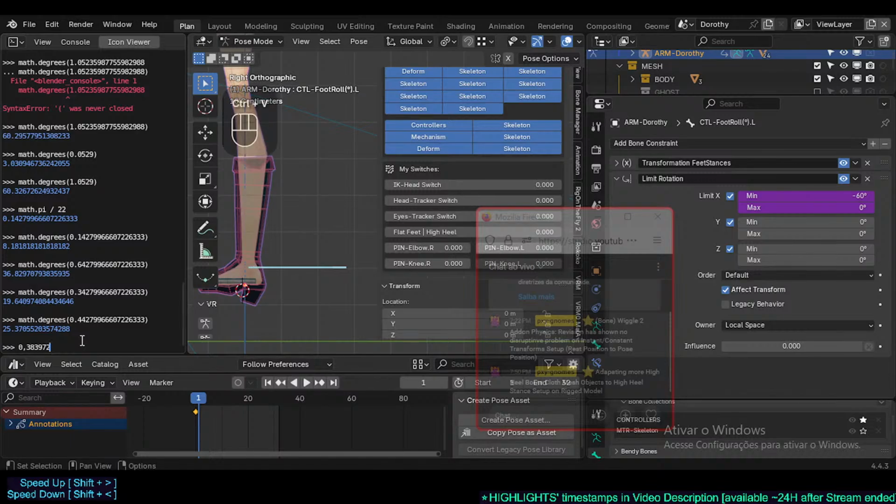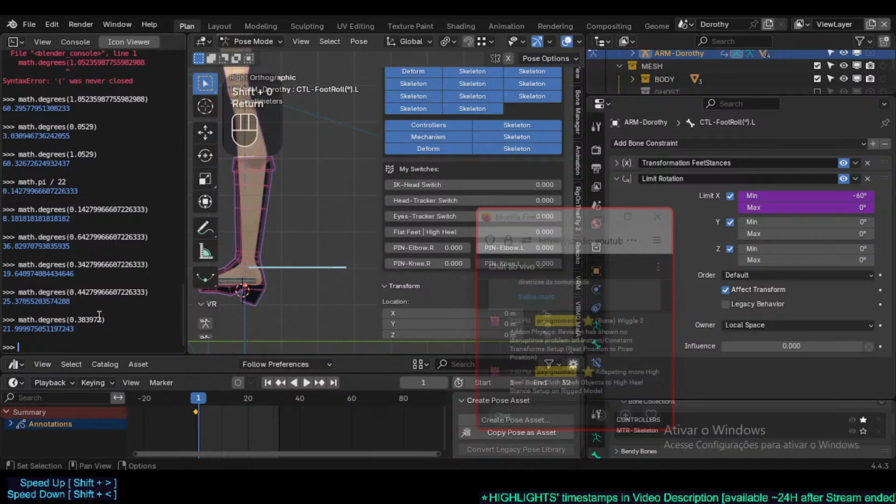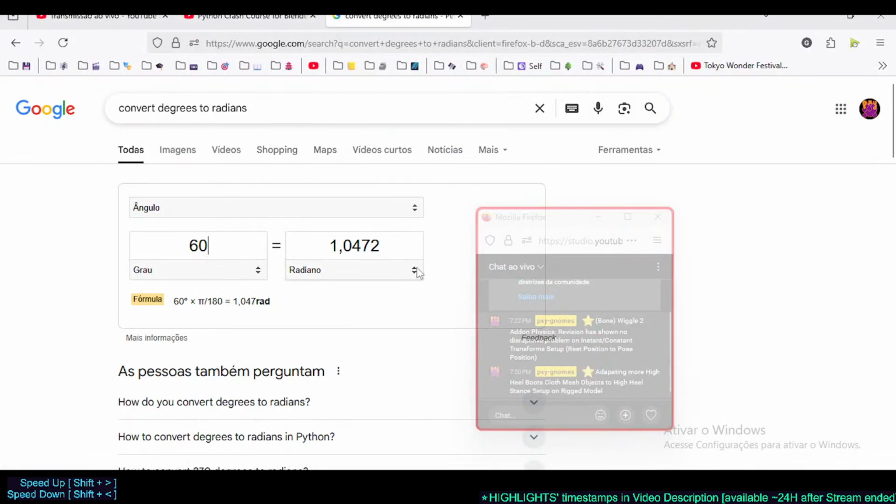Okay, plus this. No, it's not. Can't I control this amount? No, I can't have more than that.